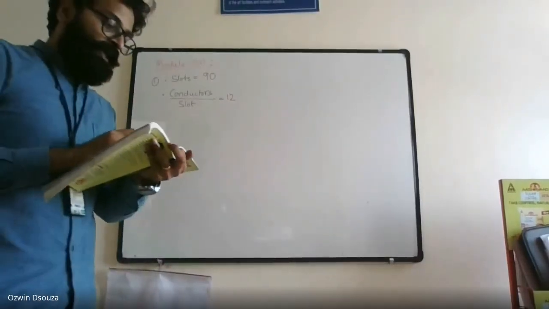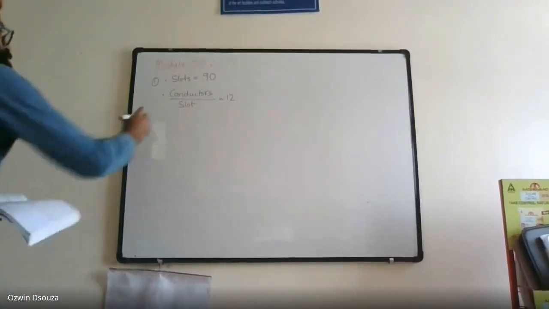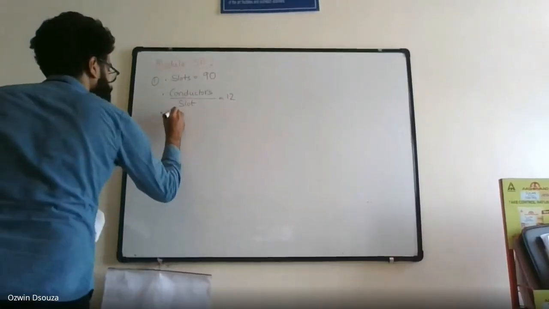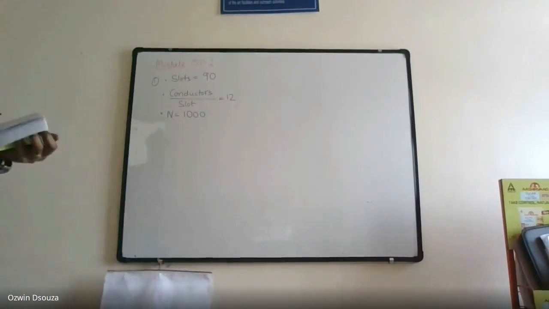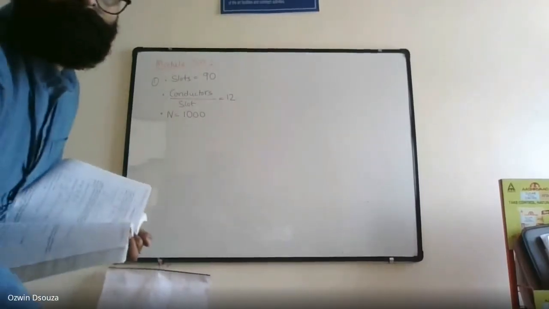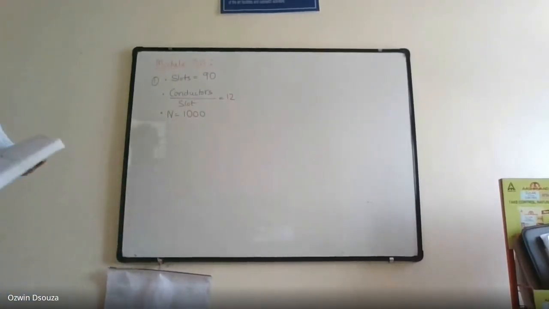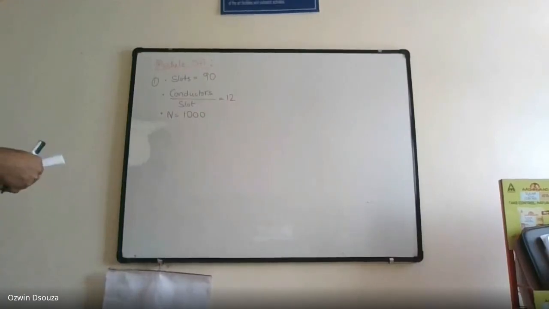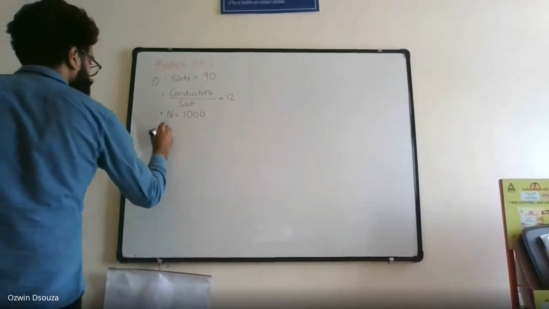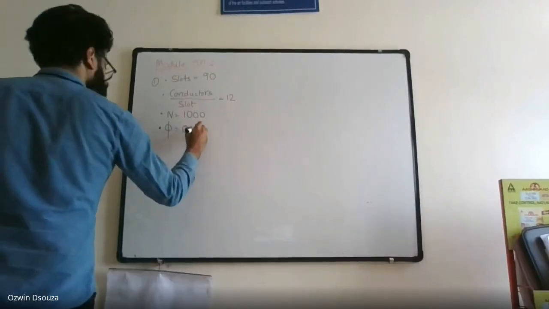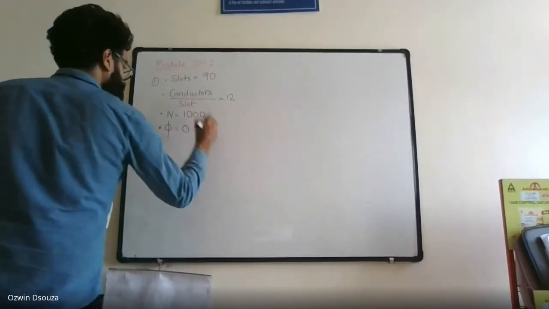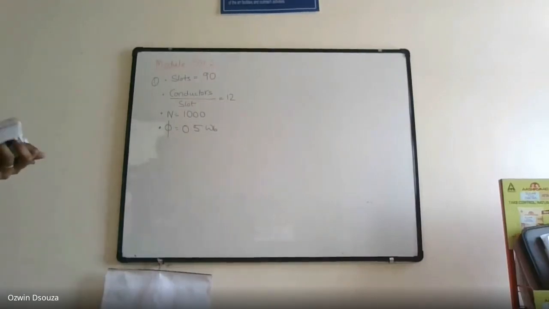It revolves at 1000 RPM. And the flux per pole be 0.5 Weber. Okay, so this is the given data.